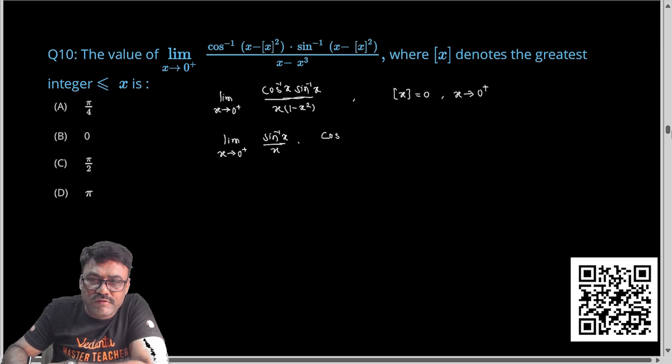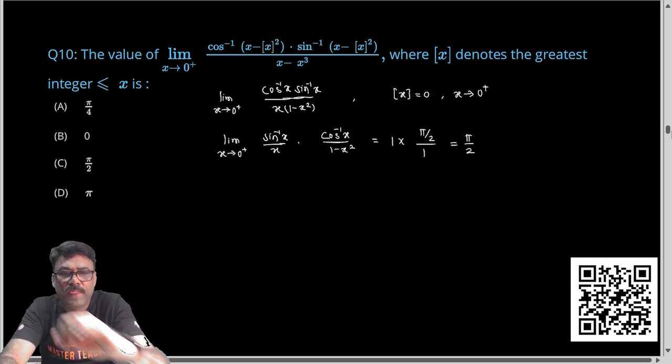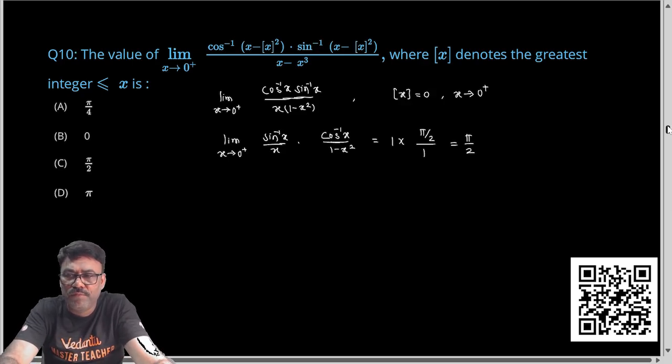Then cos inverse x, cos inverse 0 will be pi by 2 over 1 minus x square. So now if you put the limit, sin inverse x over x is 1, cos inverse 0 is pi by 2, and in the denominator, if you put x as 0, it is 1. So pi by 2 is the correct answer. Pi by 2 means option C again is the correct option.